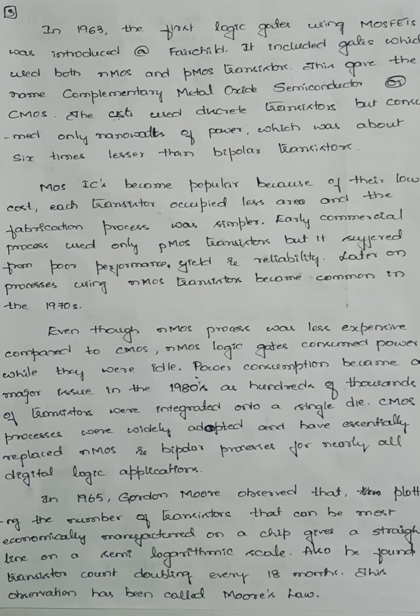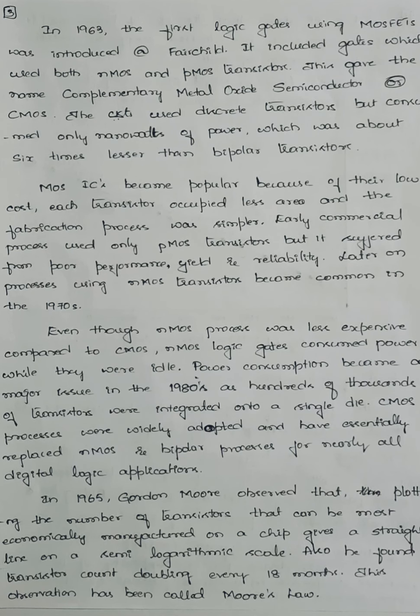These circuits used discrete transistors but consumed only nanowatts of power, which was about 6 times less than bipolar transistors. MOS integrated circuits became very popular because of their low cost. Each transistor occupied less area and the fabrication process was much simpler compared to other ICs.